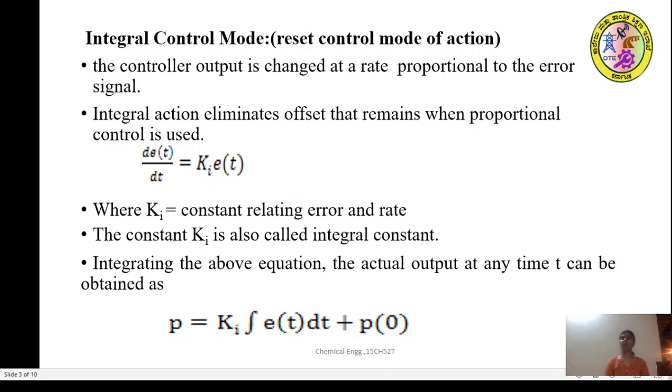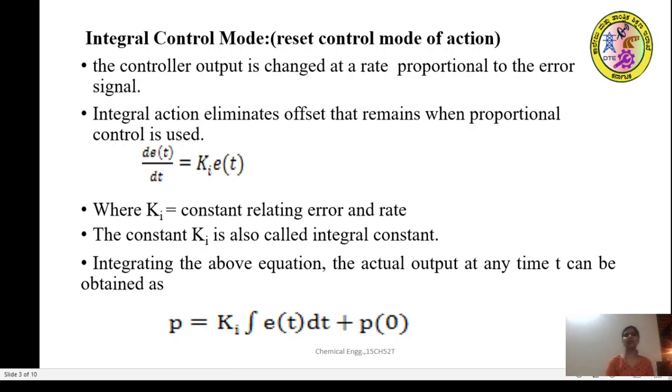Upon correction, we call it as the offset of that particular instrument. This we have already discussed in our last sessions. So the integral action eliminates the offset that remains when proportional controller is being used.